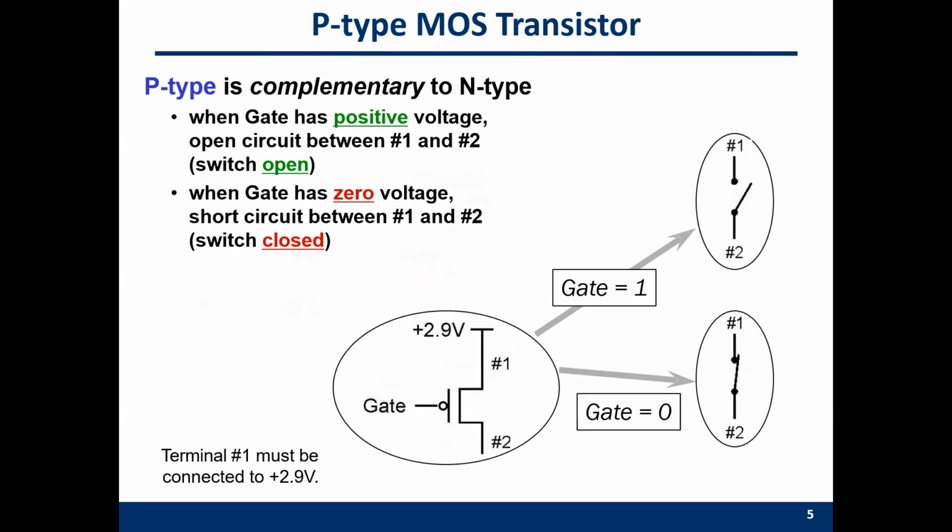The second difference is that this PMOS is actually connected to the VDD, which is the power source. So when it is connected to VDD, it can have better performance. So typically we use PMOS to connect to the VDD and NMOS connected to the ground, to the zero.